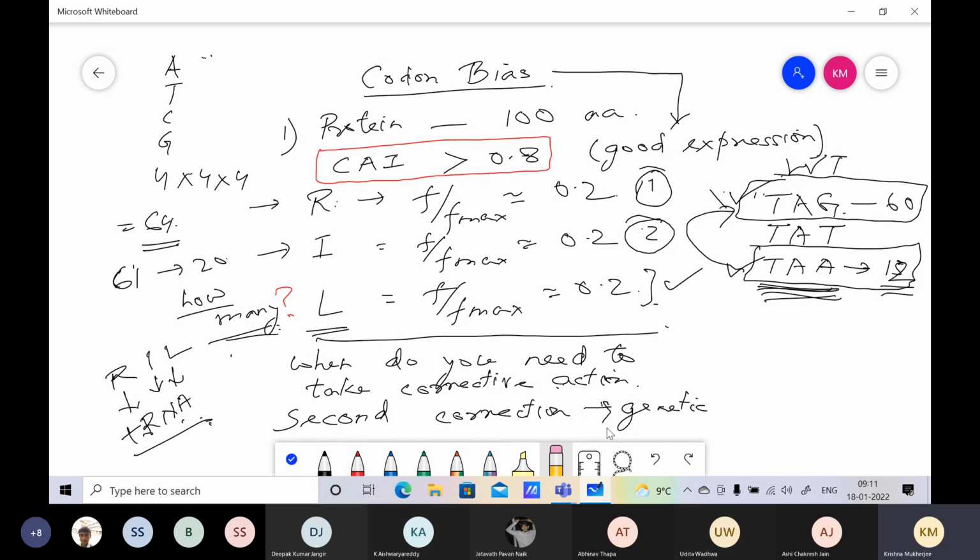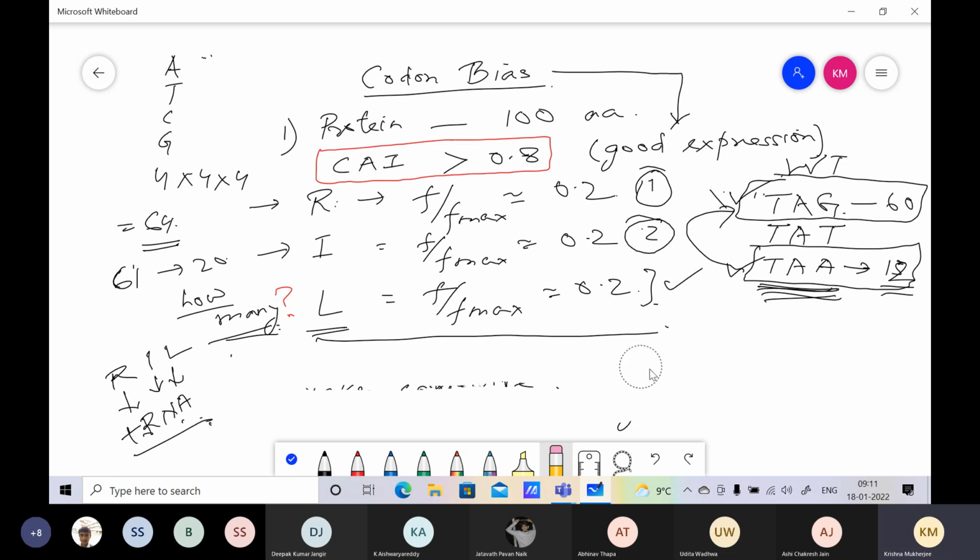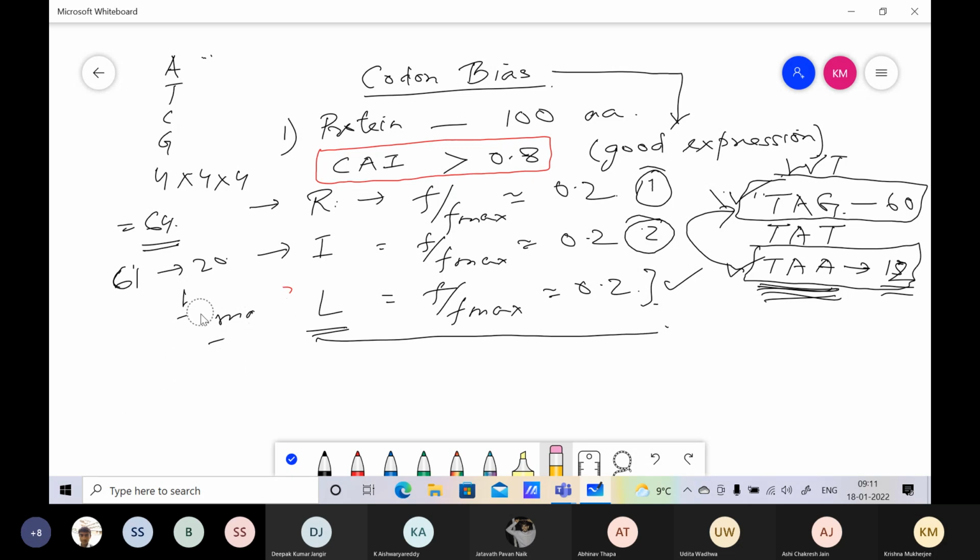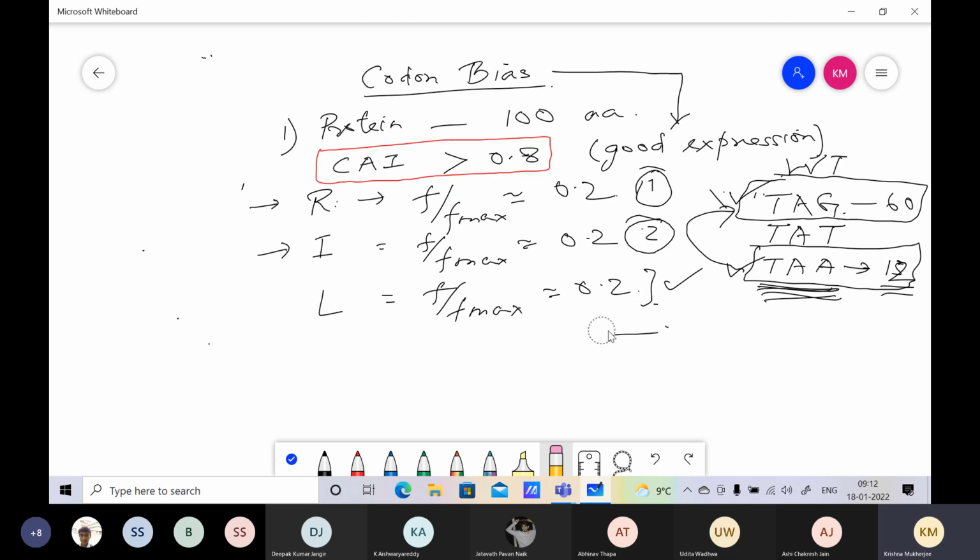Come on, tell me something. Or shall I leave it for you people to solve? And we can have various modifications to this theme. I'm just saying that these are the kind of very simple problems that you can think of when you are working with codon bias. Any opinions? Solution?